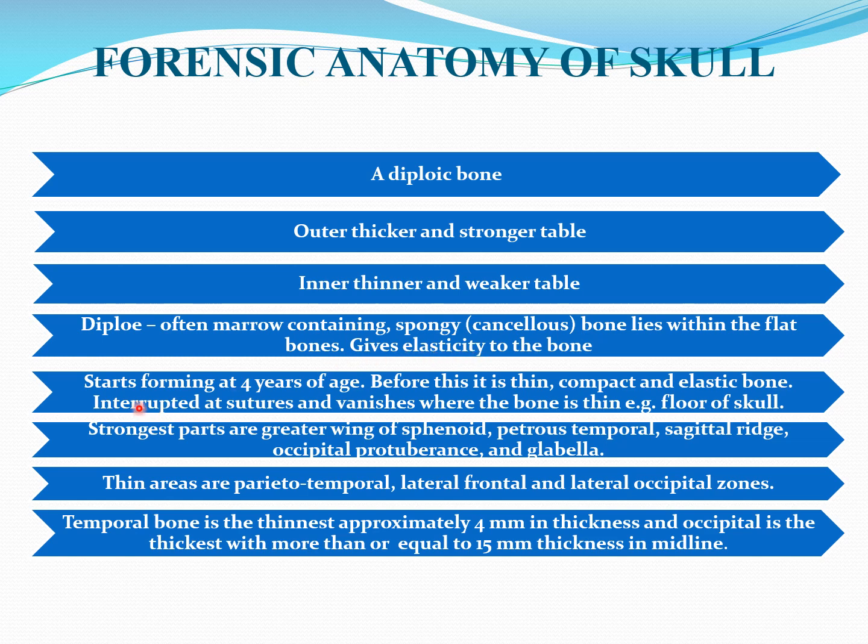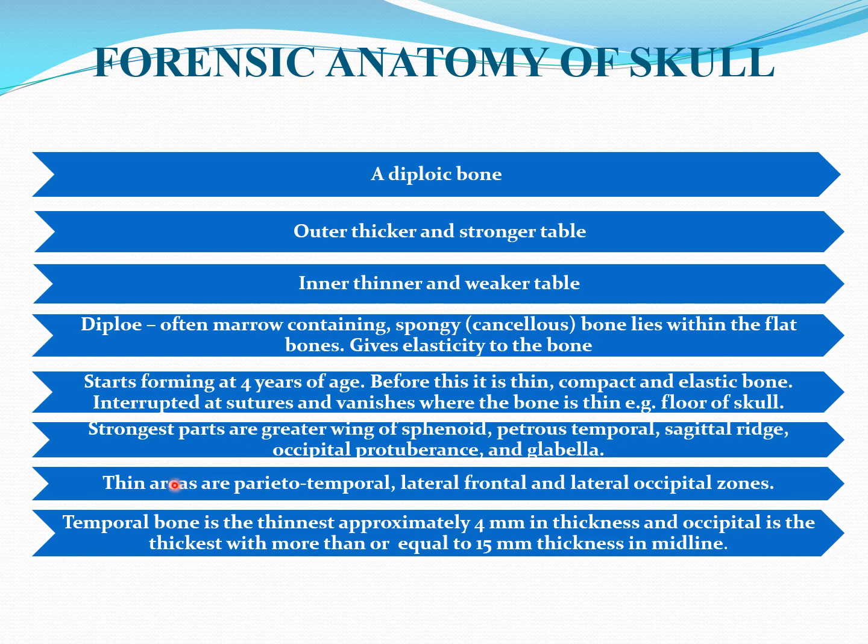It starts forming at 4 years of age. Before this, it is thin, compact and elastic bone, interrupted at sutures and vanishes where the bone is thin, for example the floor of the skull. The strongest parts of the skull are the greater wing of the sphenoid, petrous temporal, sagittal ridge, occipital protuberance and glabella.